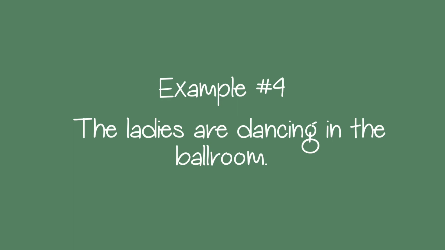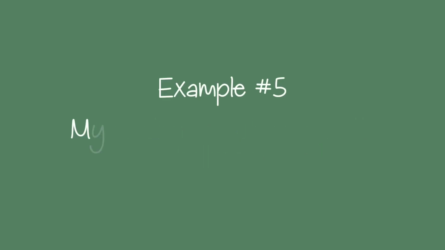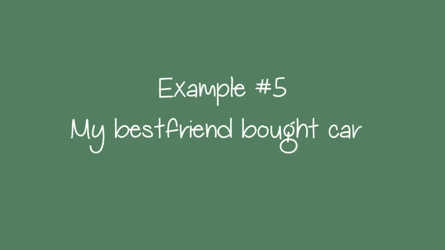Now, we're going to check out another example. This one naman, similar to sa example number 2 natin. Pero iba lang yung number. So this time, it's gonna be plural na rin. So yung mga first examples natin, ginagawa lang nating plural. Okay? So, my best friend bought cars that are blue. So we are still talking about the cars that the best friend bought.